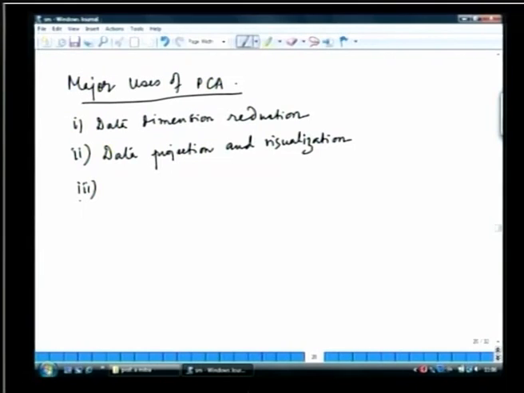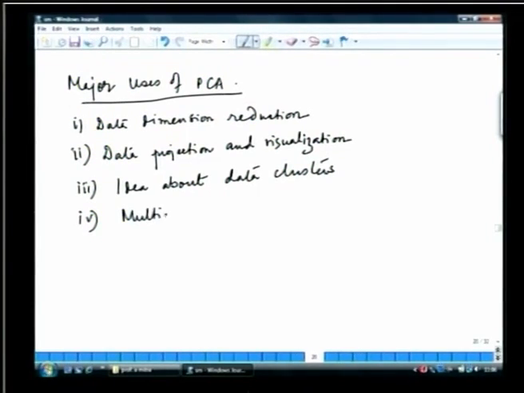The third one is, once we project the data, certain features of the data become apparent to us. That is, we can see the formation of data clusters, an idea about data clusters, the various groupings of the data. And of course, if we can project the data in a two-dimensional plane, we can also see if there is any outlier present in the data.